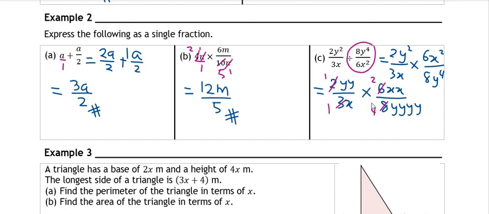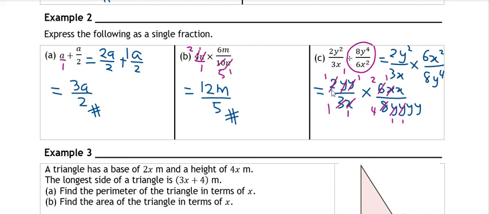Now let's focus on the alphabets. You can see that x can be cancelled by pair. Here you can only cancel 1 on the denominator and 1 on the numerator, 1 pair only. Next one will be y y over y y y y, so you have 2 pairs. You can cancel 2 pairs. That's the first pair, and the second pair will be this one.